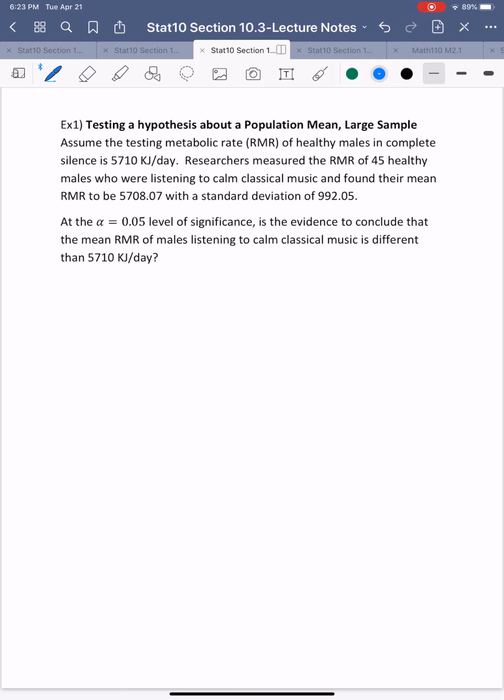So let's do step 1. In step 1, we have to set up the null hypothesis, which is that the mean is 5,710. We are using those numbers. And 45 is the sample size, and this is the number that we have as the standard deviation for the sample.